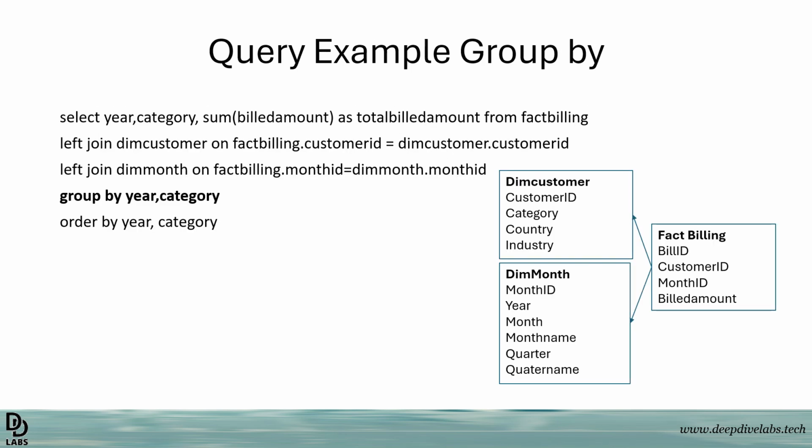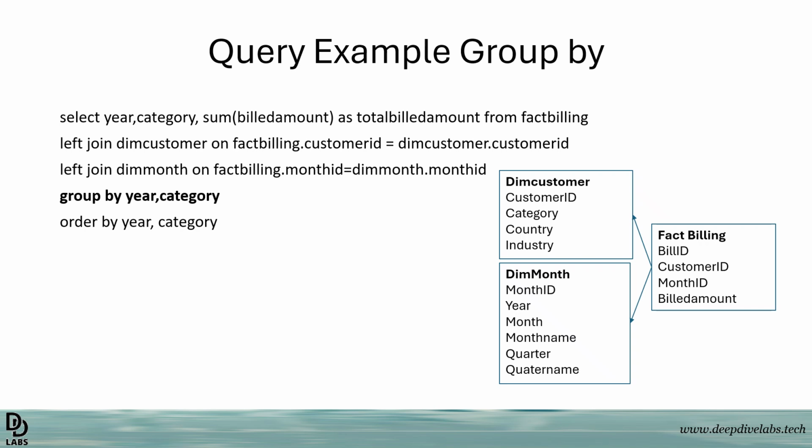Just a very quick refresher, right? In this slide you can see your fact billing table, which is your fact table, and which has your bill ID, customer ID, month ID, and bill amount. And then you have your dimension customer table and your dimension month table. When we did SQL, we did group by, right?